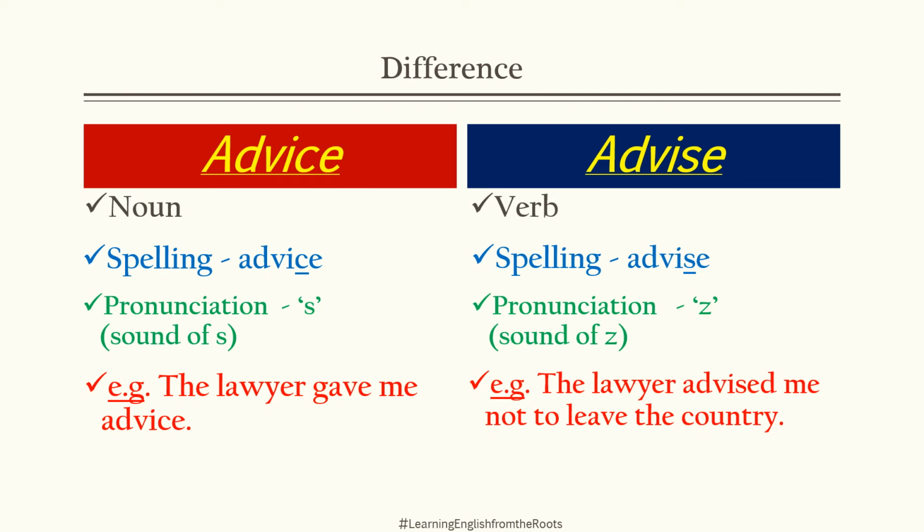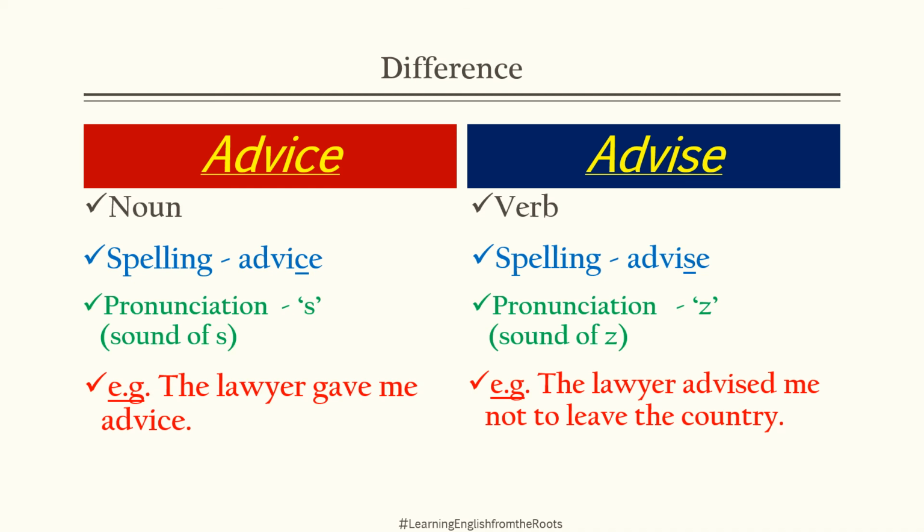The other one, that is advise, that's a verb. Let us use it in a sentence similar to this one now. The lawyer advised me not to leave the country. So over here, what is the action being done? What has the lawyer done? The lawyer has advised me.